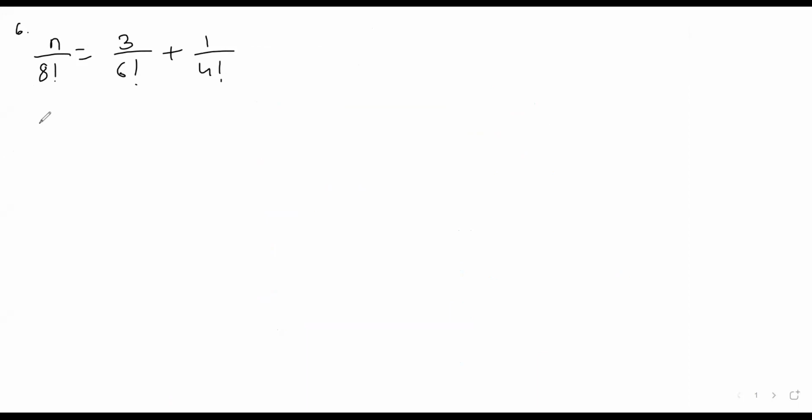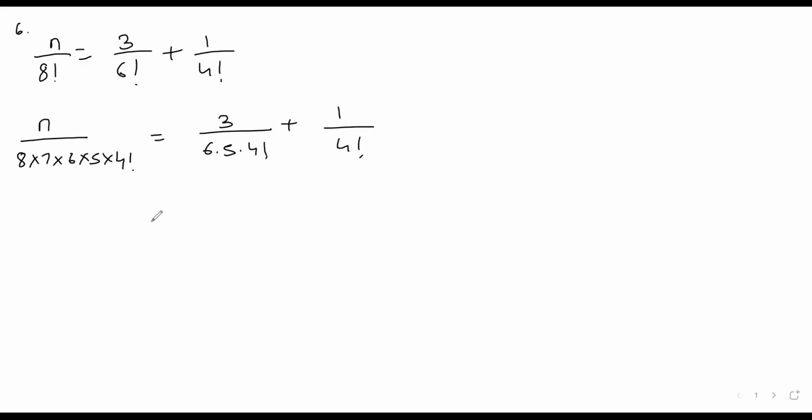I can write this as n upon 8 into 7 into 6 into 5 into 4 factorial is equal to, here it can be written as 3 upon 6 into 5 into 4 factorial plus 1 upon 4 factorial.